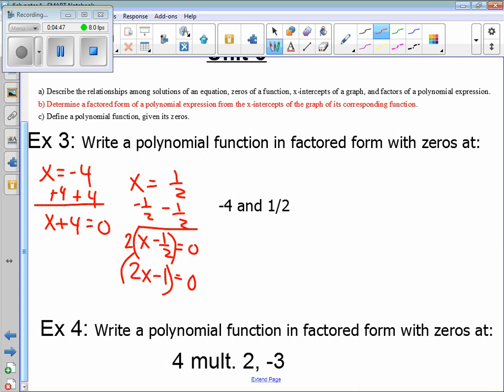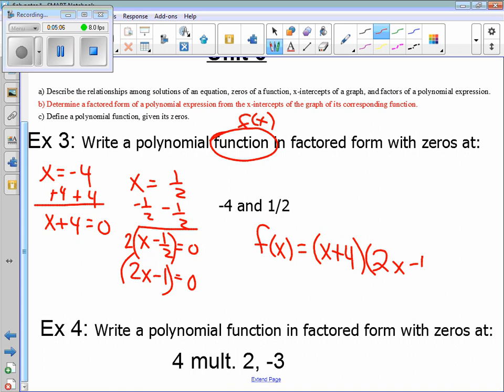It's a function, f of x. f of x equals, first factor was x plus 4. Factored means multiplying, so 2x minus 1. We multiply it together, and this is the factored form of the polynomial function.